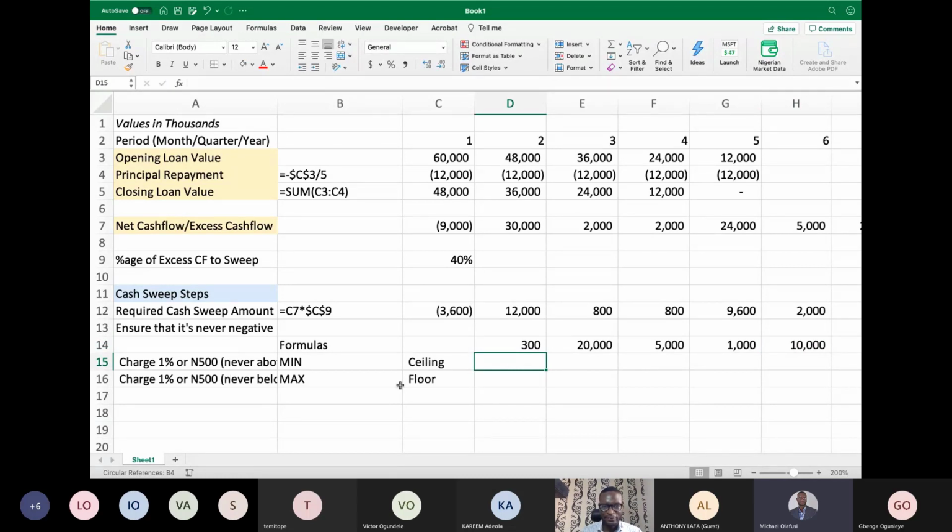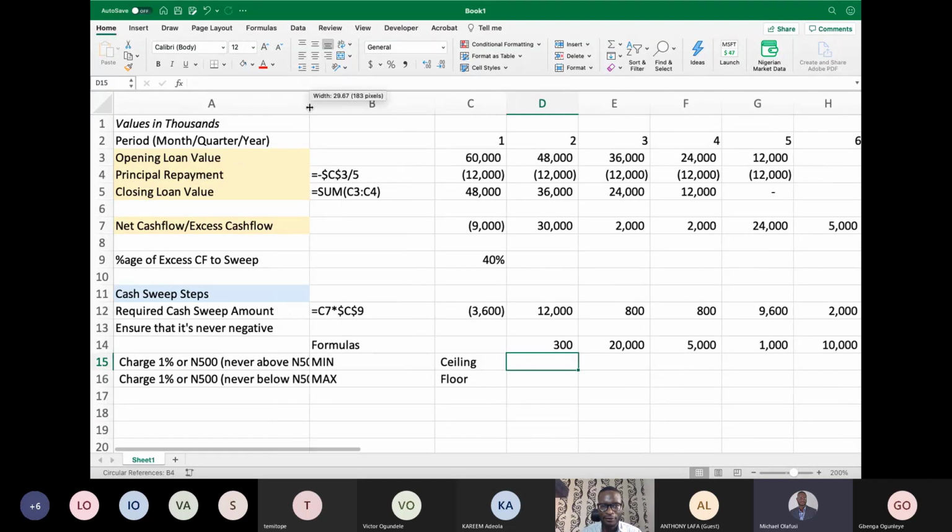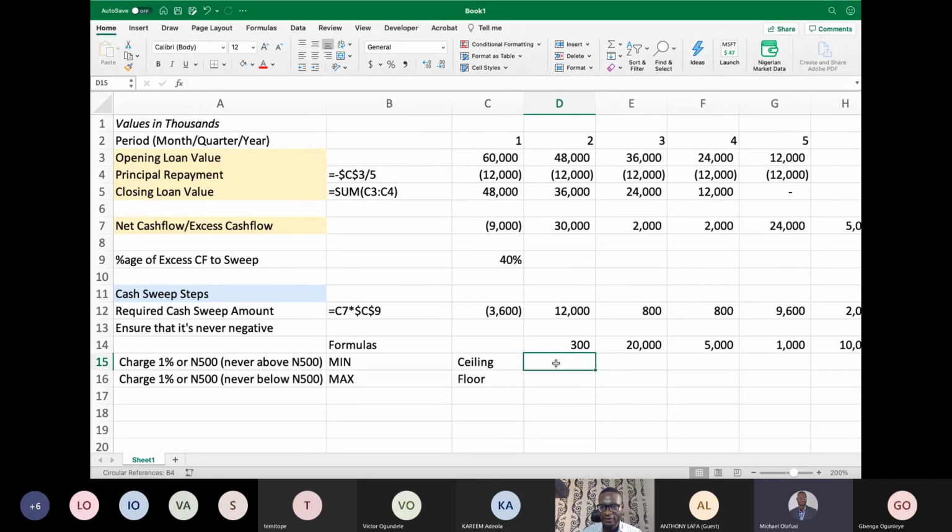So if we are talking about ceiling and we say they are not going to charge you above 500 naira, what that means is if I take 1%, this times 1%, this comes to 3 naira.